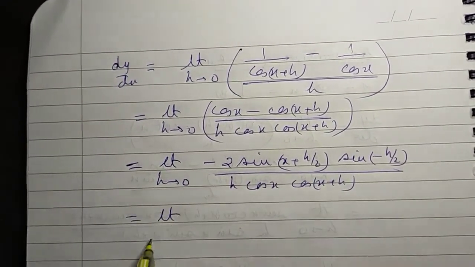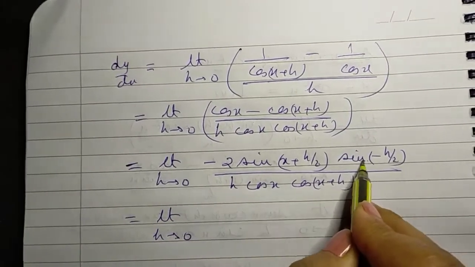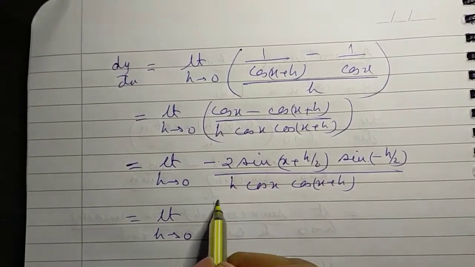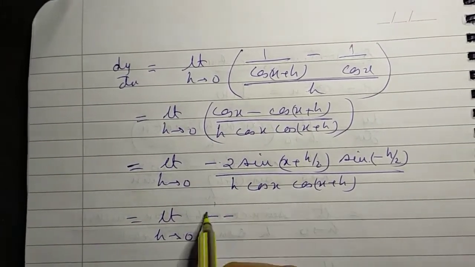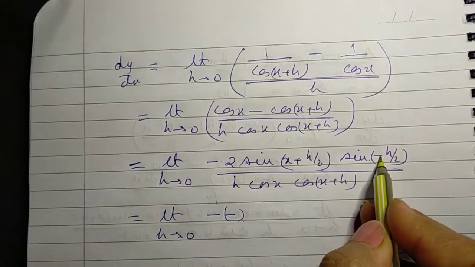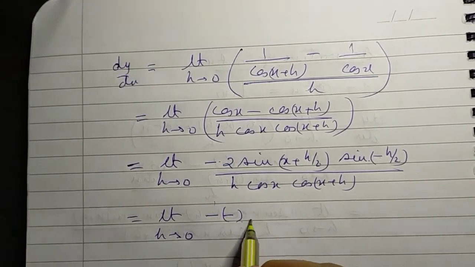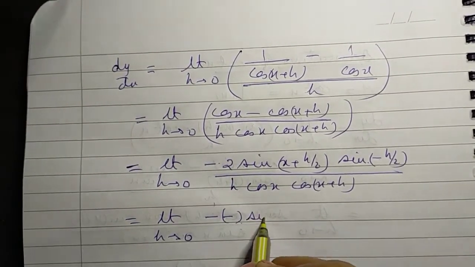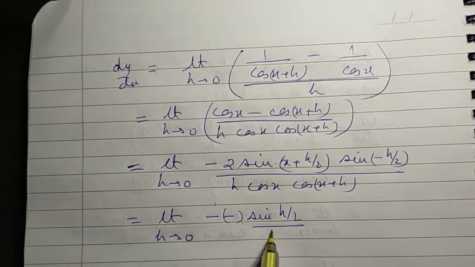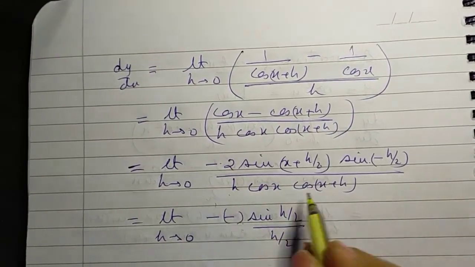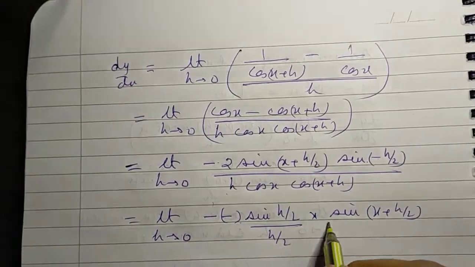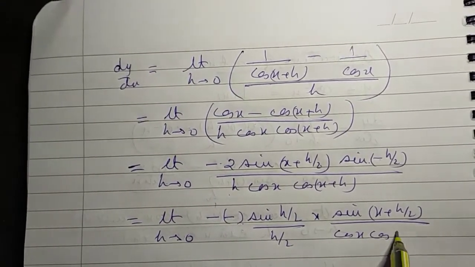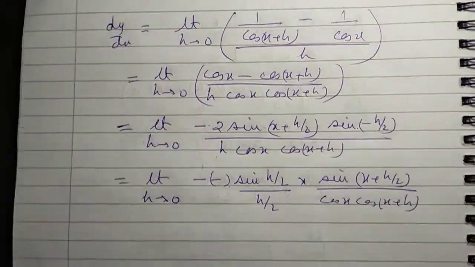Now minus of minus becomes plus. We can write it as sine h by 2 upon h by 2, and this 2 goes down, into sine(x plus h by 2) upon cos x cos(x plus h).